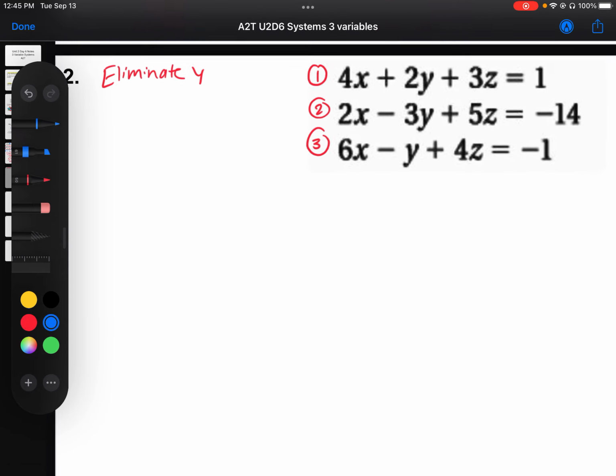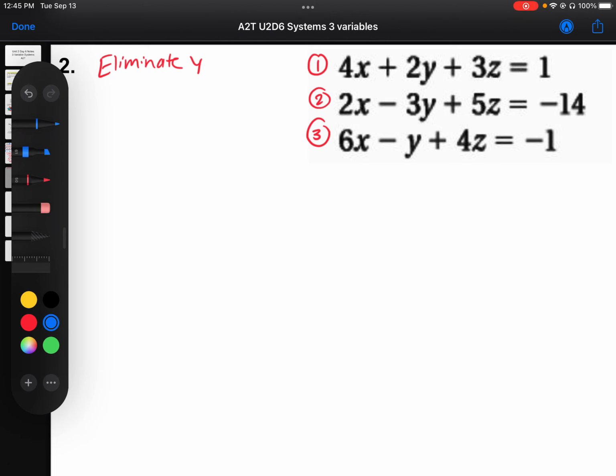So let's take these two equations. So eliminating for y, I'm going to take equation 1 and 3 first. Now those will not cancel out. So equation 1, so I'm focusing on these y values. Can I make this 1y into a -2, the opposite of this one? Yeah. Equation 1 gets to stay the same. 4x plus 2y plus 3z equals 1.